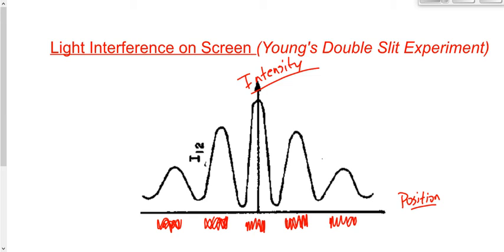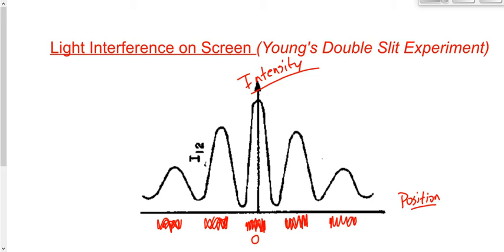You can see that in the middle, where we have our central maximum, or our central bright spot, or our central antinode, our middle bright spot, you would have high intensity. Then right beside that, you would have a minimum, or a node, or a dark spot, where we would have zero intensity.